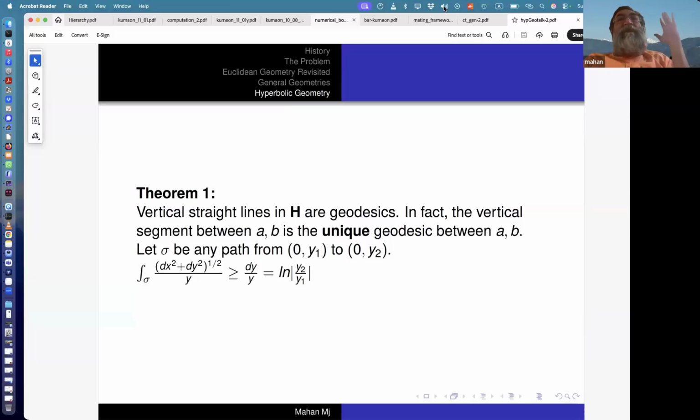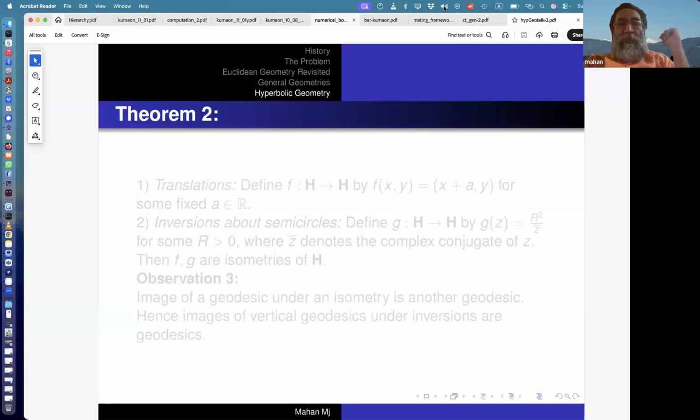Good. So we found one collection of geodesics, the vertical lines. And then we are going to find new geodesics, but those new geodesics are going to be obtained from these simple naive guys that we started off with.